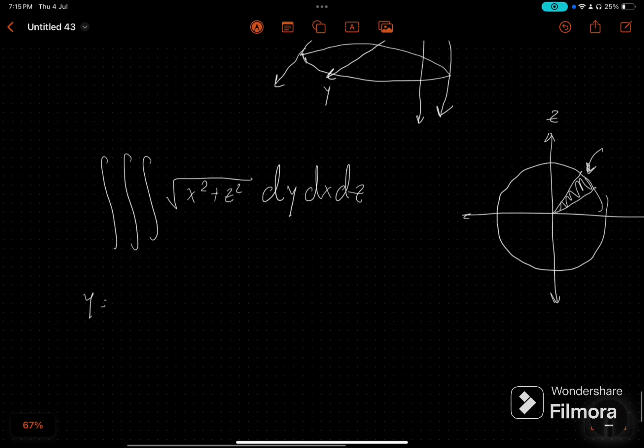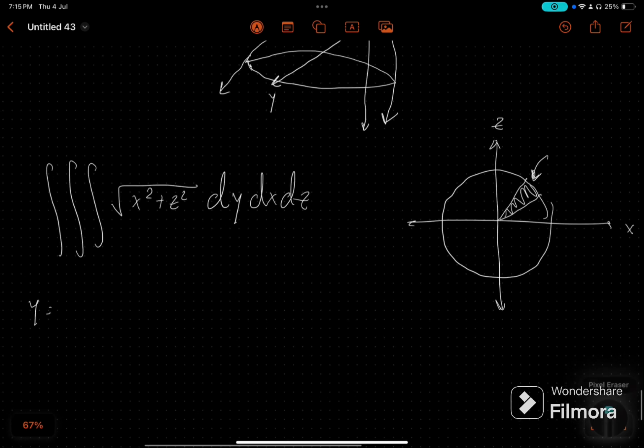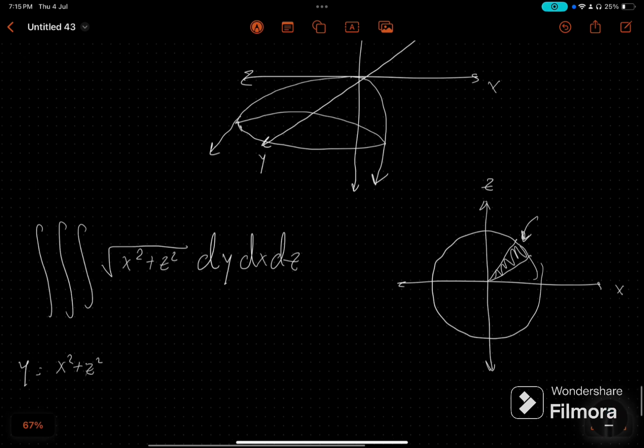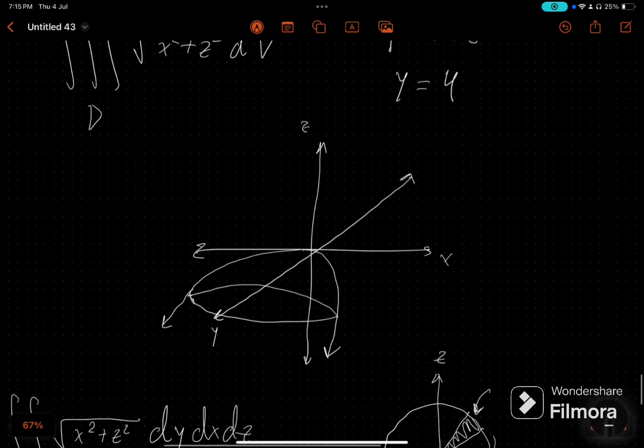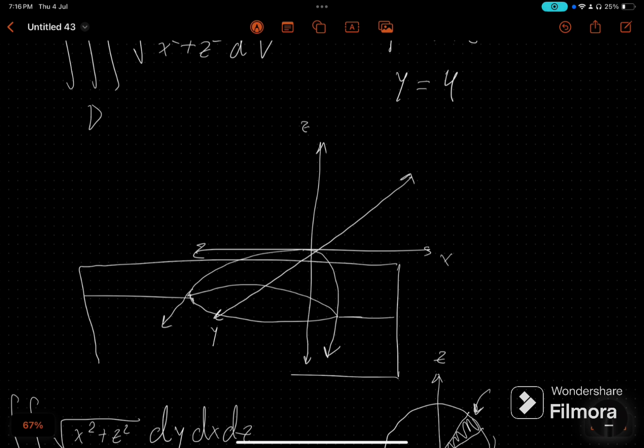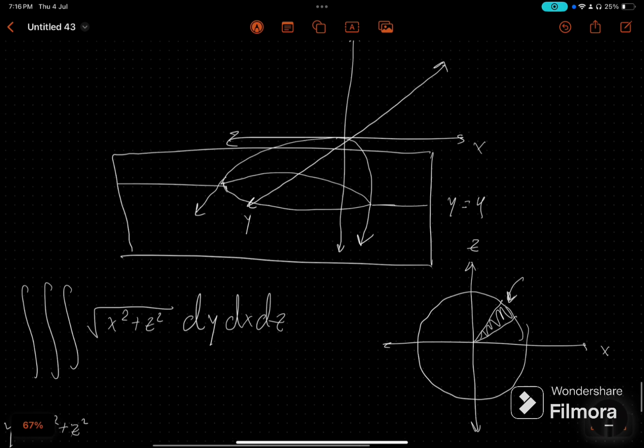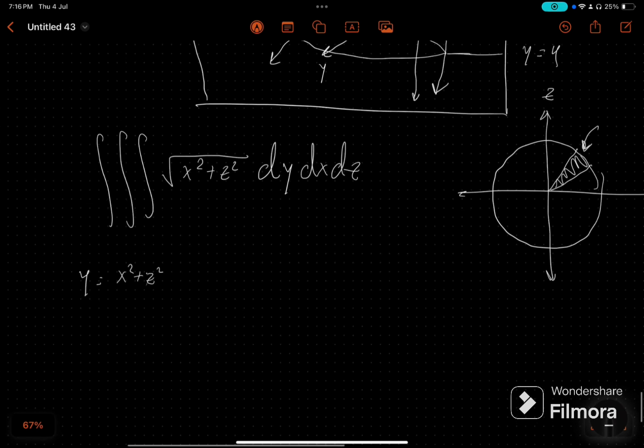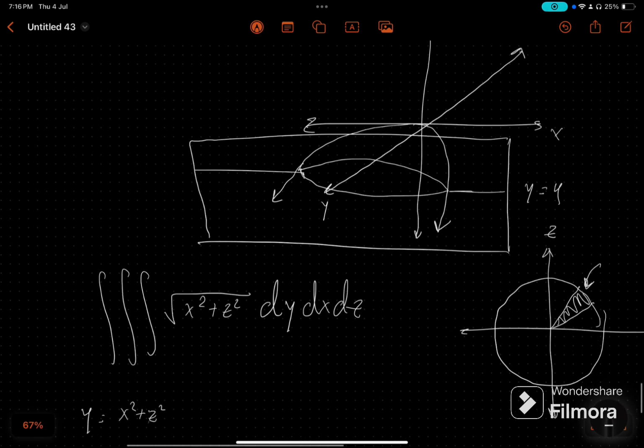Now let's find our y. So y equals x squared plus z squared. And also we do have the plane y equals 4, so it's gonna intersect here. And let's assume this is y equals 4. This is our plane. Now it's gonna go from x squared plus z squared up to y equals 4.